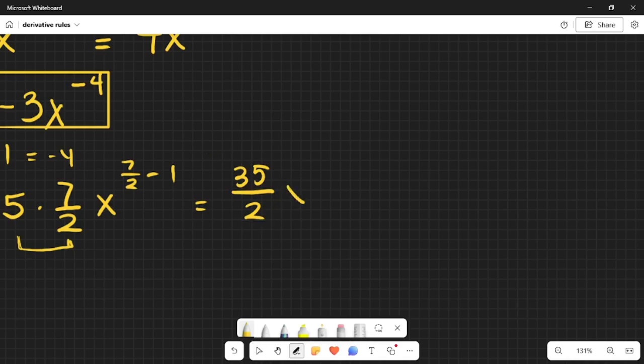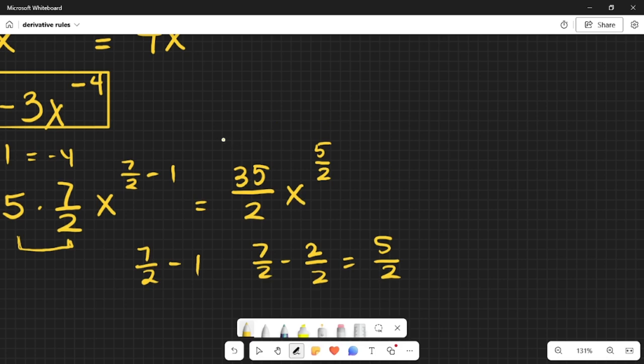And then we're going to copy x with the exponent. And then we're going to subtract 7 over 2 minus 1. 1 is equal to 2 over 2. That would be equal to 5 over 2. 35 over 2 x raised to 5 over 2. And that's the derivative.